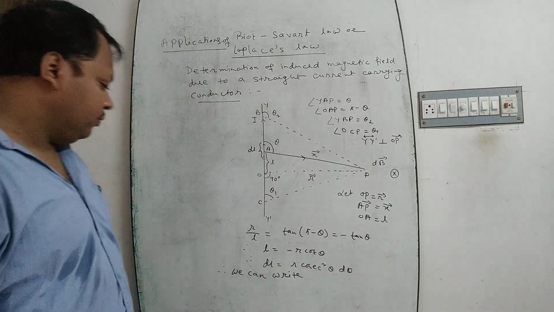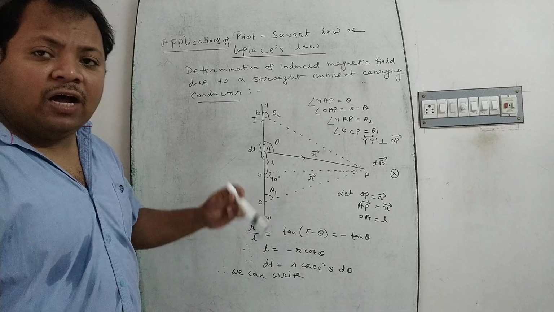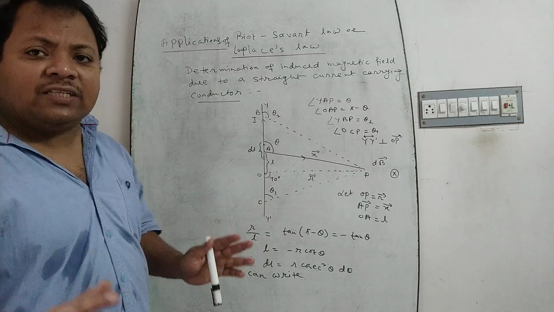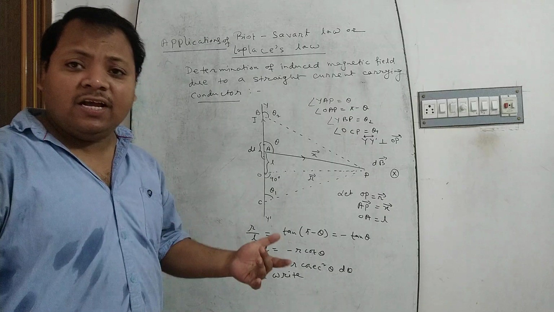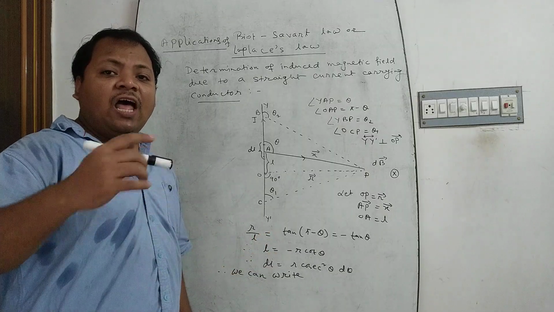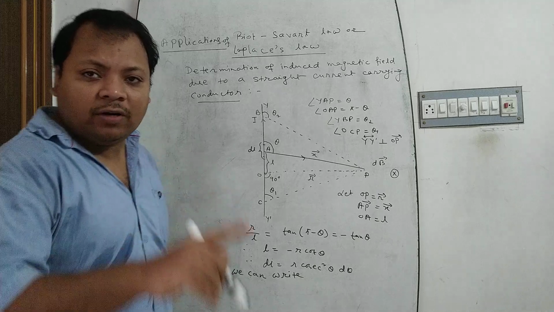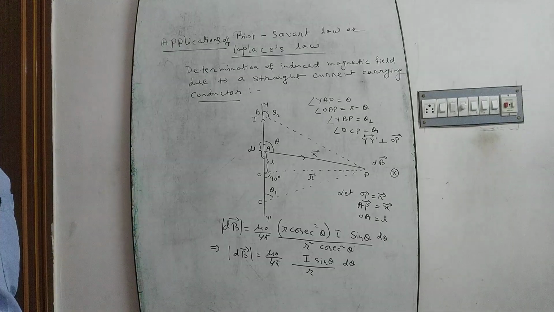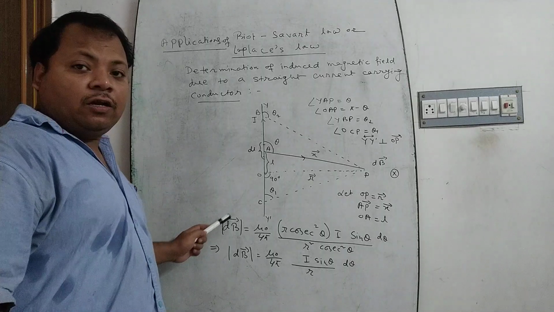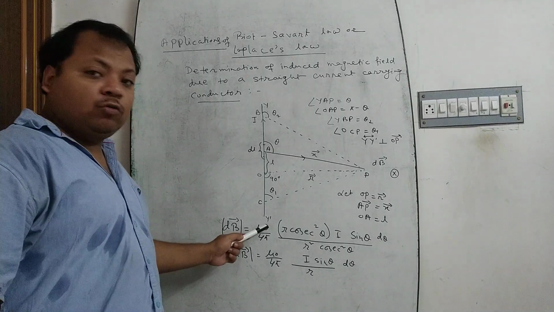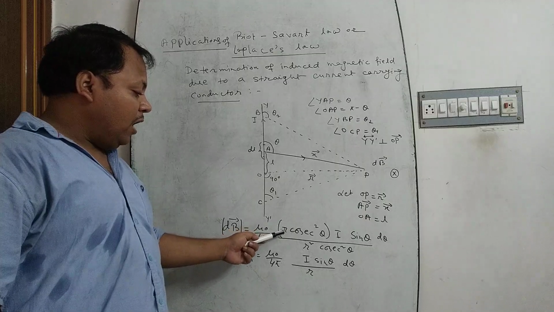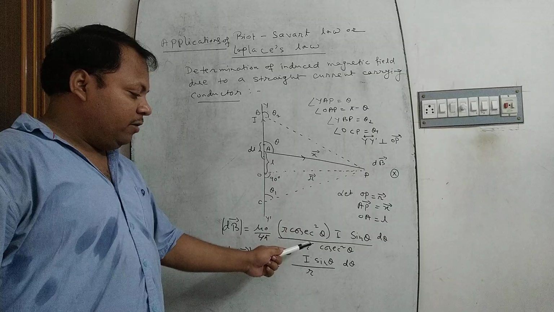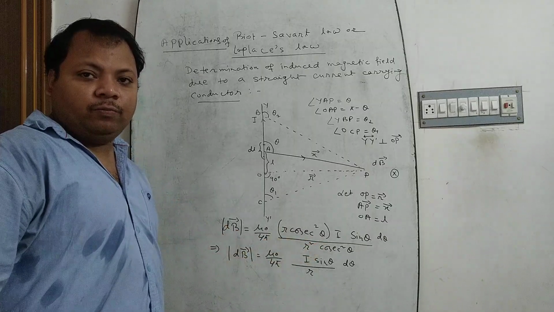Now we can write the Biot-Savart law in the following form, or we can substitute the values of dl and x in the above equation, that is in the Biot-Savart equation. We can write mod of dB is equal to mu 0 by 4 pi, r cosec square theta I sin theta d theta, whole divided by r square cosec square theta.